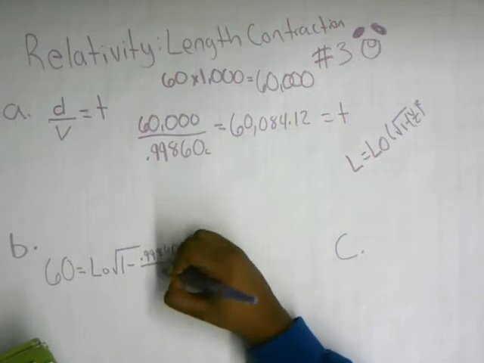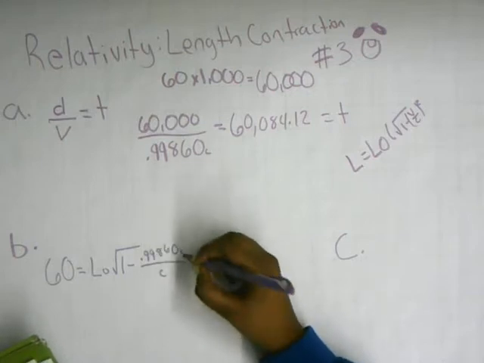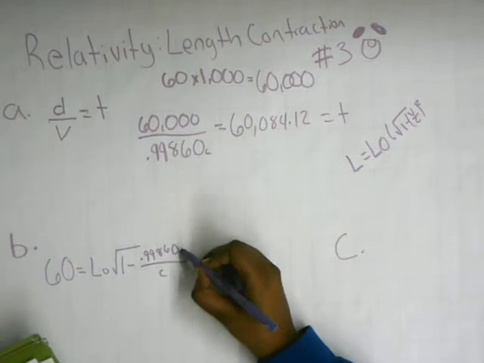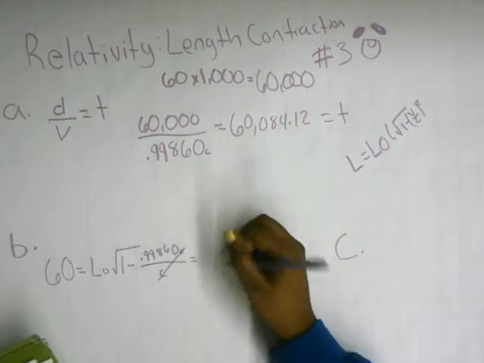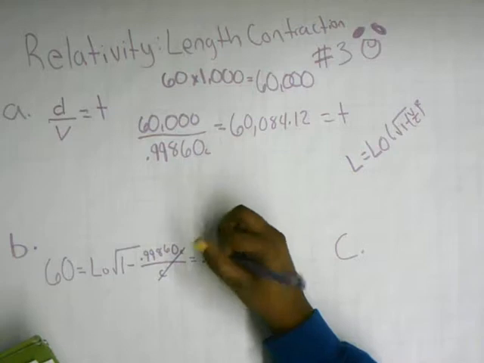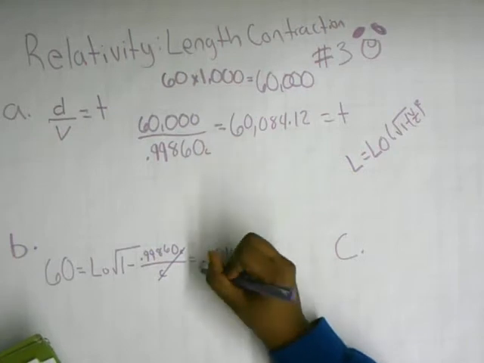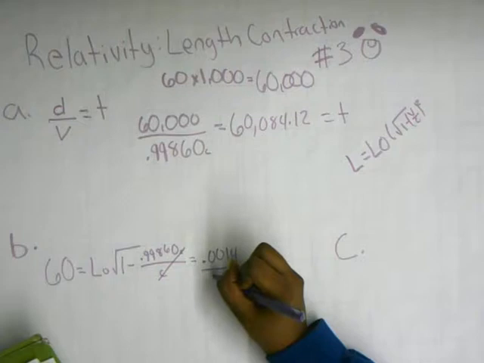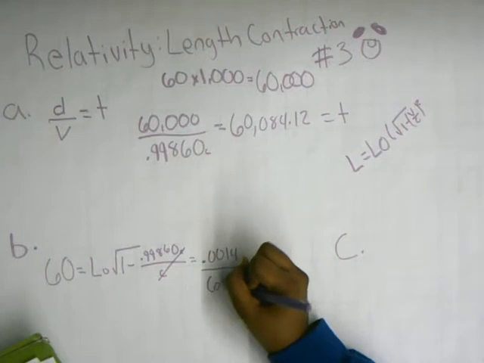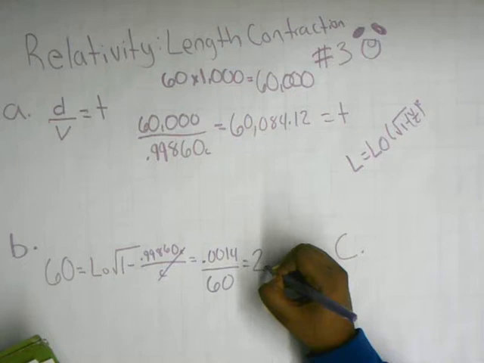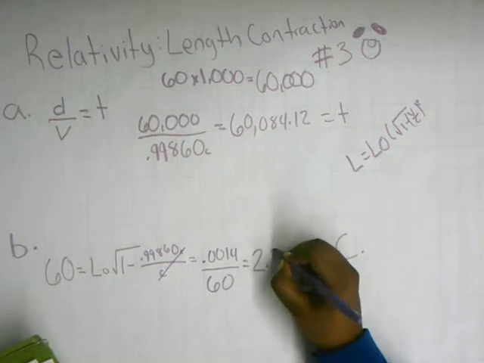Put that in the calculator, and you should get 0.0014. Then you divide that by 60, and you should get 2.333 e to the negative 5.